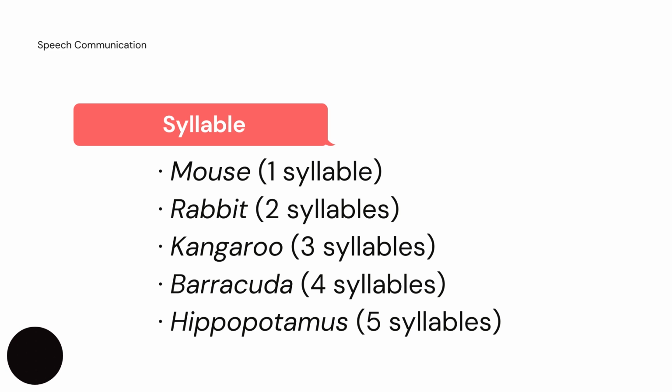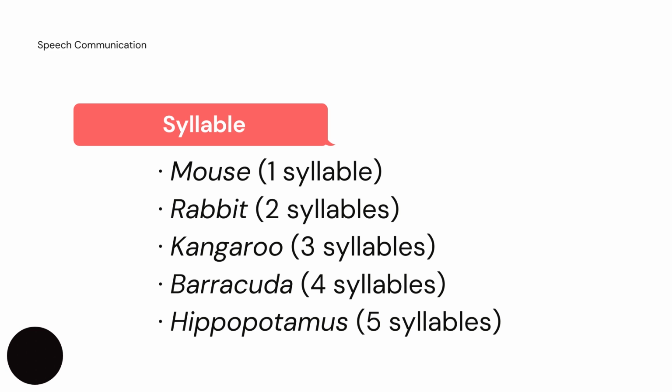Rabbit, we have two syllables, the ra and the bit. Third, we have kangaroo, with three syllables: kang, ya, and ru. Four syllables for barracuda, and five syllables for hippopotamus. So that's how you identify the number of syllables in a word.